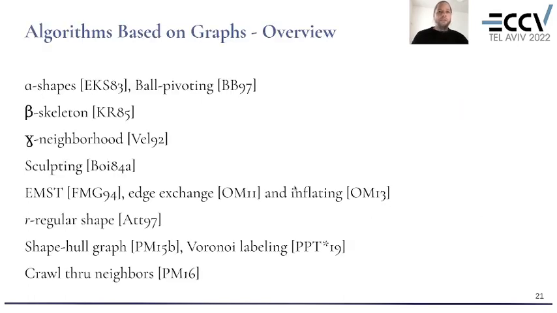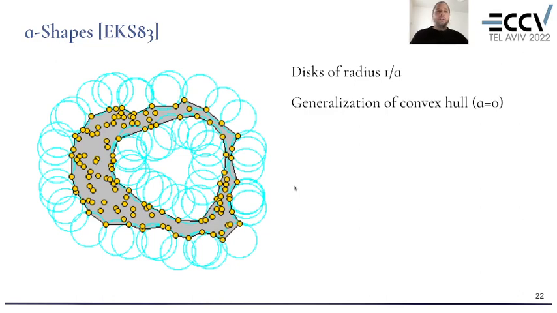Here's an overview of the list of the algorithms based on graphs, which I will briefly present in the next minutes, starting from alpha shapes, which were proposed by Edelsbrunner in '83. The concept is that we have disks of radius 1 over alpha. Alpha is the parameter, and you can see this disk as a metaphor of ice cream, which is the gray shaded area.